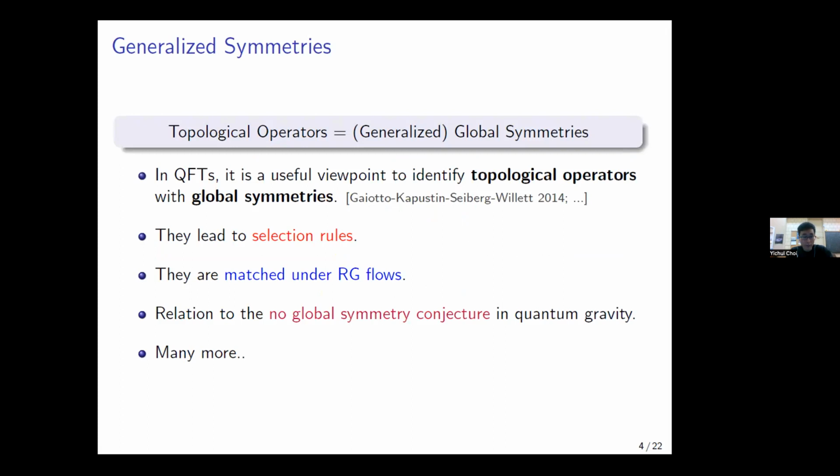There are many reasons for this. First of all, these topological operators, just like any other ordinary symmetries, oftentimes lead to selection rules on your correlation functions. And they are matched under RG flows, and there are many other reasons. I will show some of the examples later in the talk. So this will be the viewpoint that I will take throughout this talk: any given topological operator in my QFT corresponds to a global symmetry of the system and vice versa.